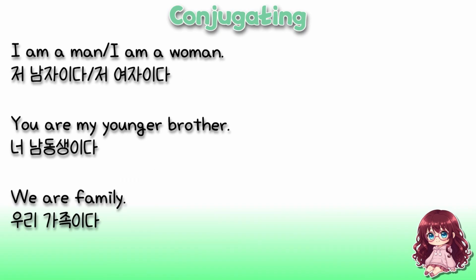Let's try conjugating our example sentences. 저 남자예요. 저 여자예요. 너 남동생이야. Notice I chose the casual conjugation because 너 showing the sentence was casual. 우리 가족이에요.